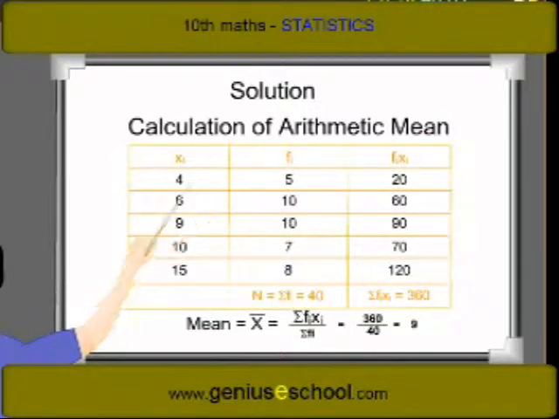Therefore, mean x bar is equal to sigma fi xi by sigma fi, which is equal to 360 by 40, which gives 9.